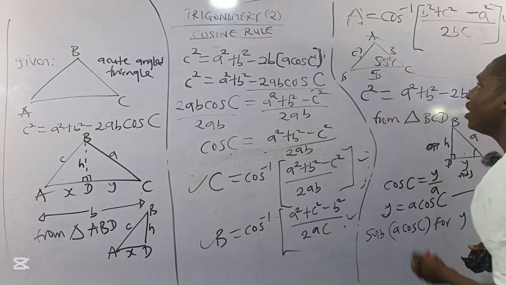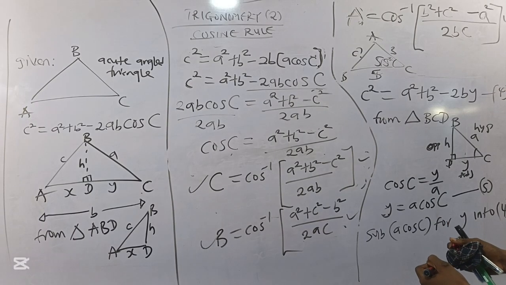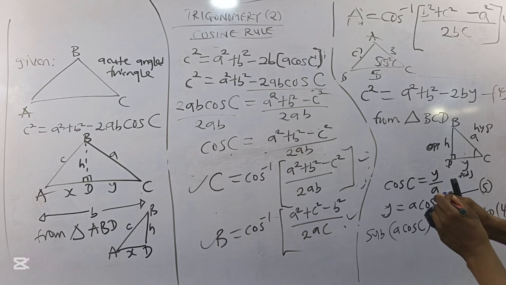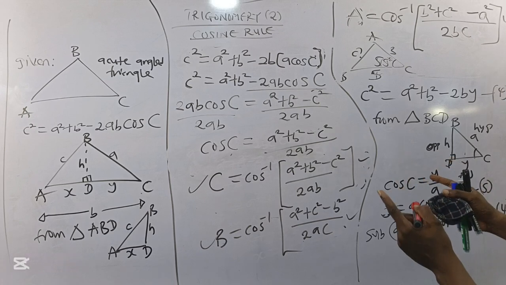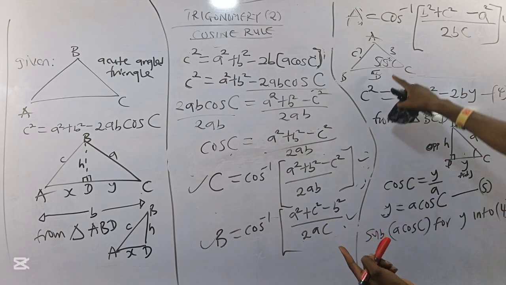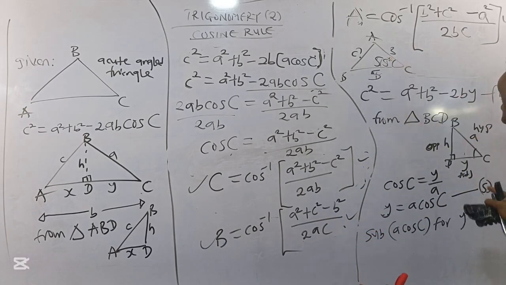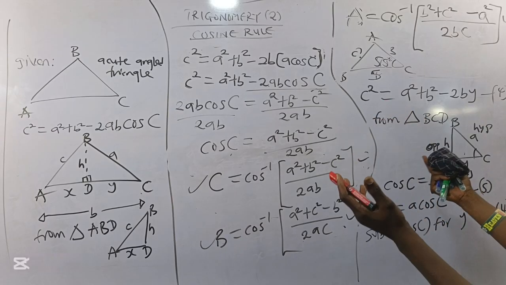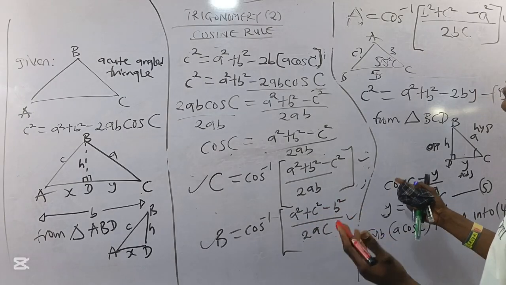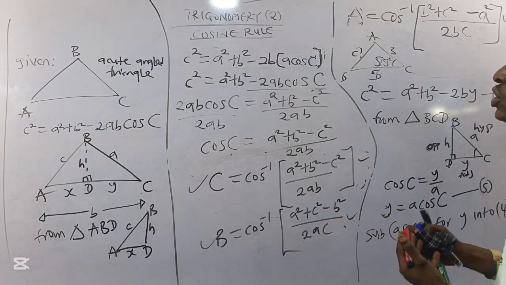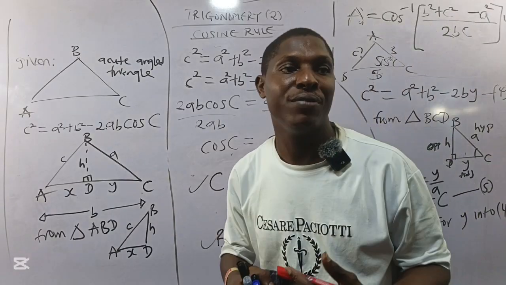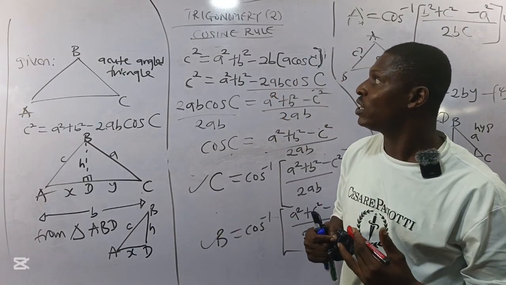And also, the bigger the angle we have, the bigger the side. So there are two ways we can use the cosine rule: first, when we have two sides and the included angle, which is the angle formed by the two sides. And also, when we have three sides, we can get the three angles. And sometimes we need a combination of sine and cosine rule to solve a triangle problem, which basically is a bearing problem.